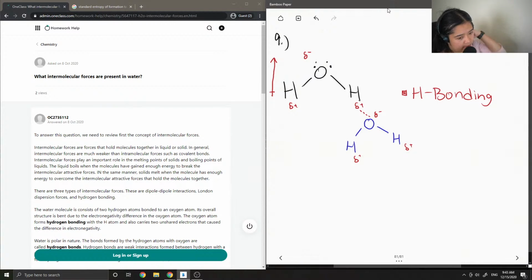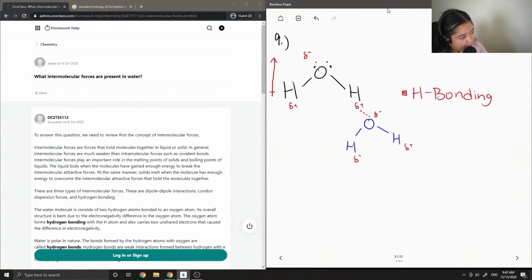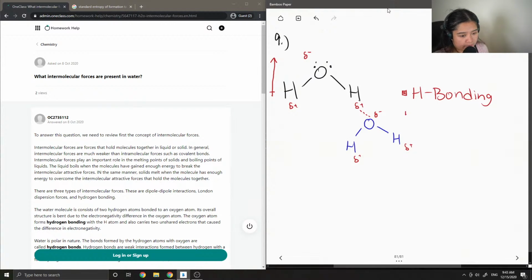Okay, so this is an example of one of the intermolecular forces present in water. And in general, we can also call it a dipole-dipole reaction. And another intermolecular force that's present in water is something called London dispersion.